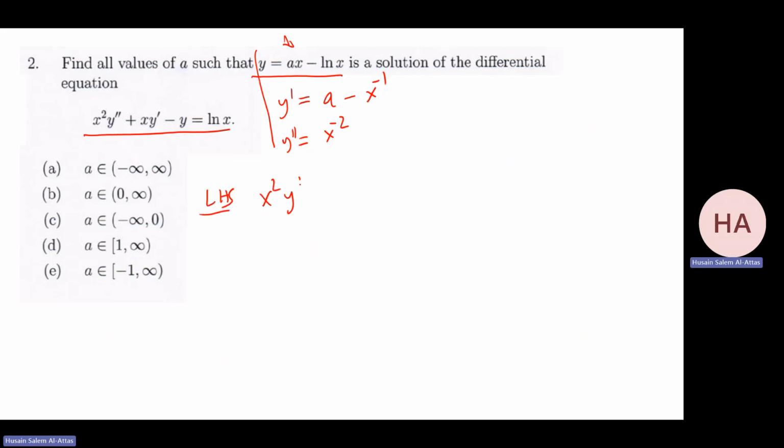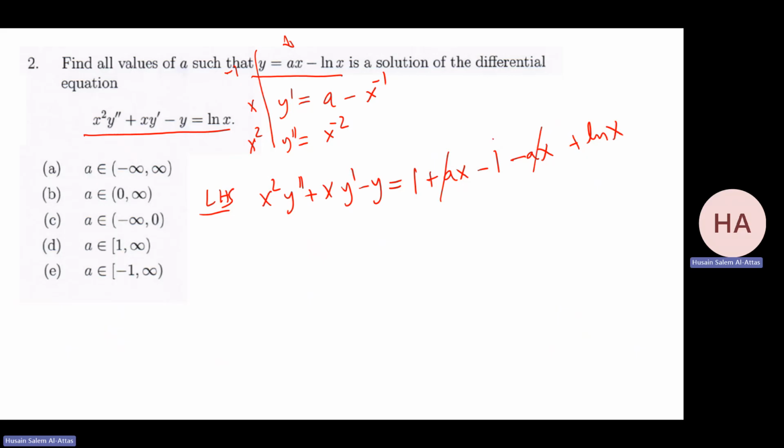I have x squared y double prime plus x y prime minus y. I need to multiply x squared here, here I multiply by x, and here multiply by minus 1. So I have plus ax minus 1 minus ax plus ln x.